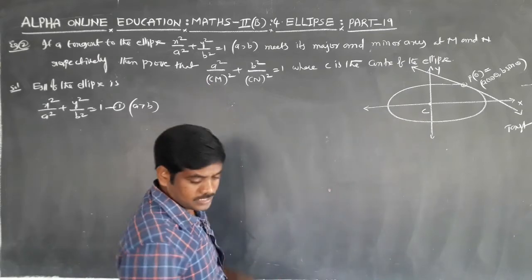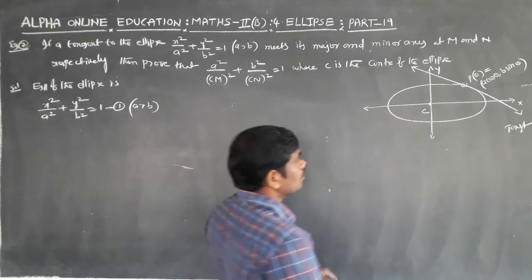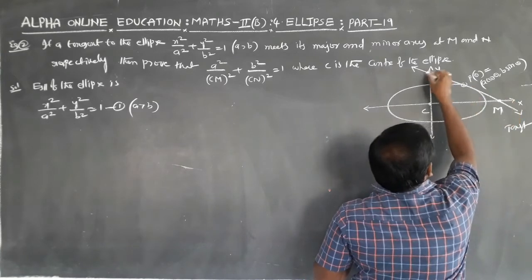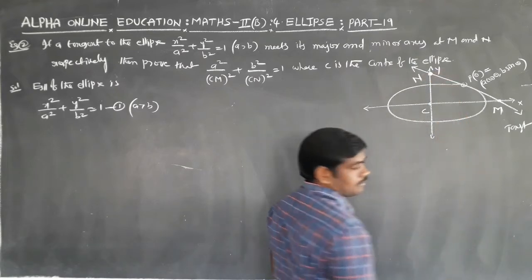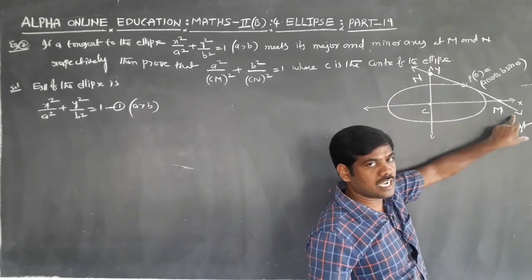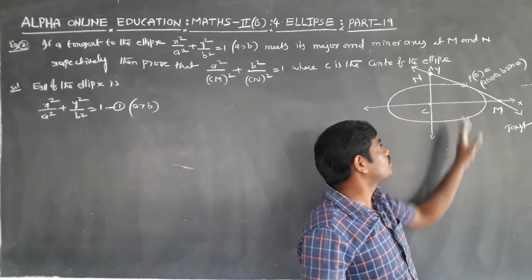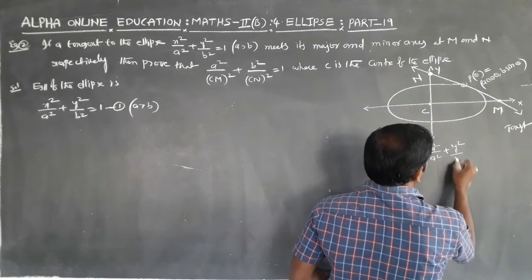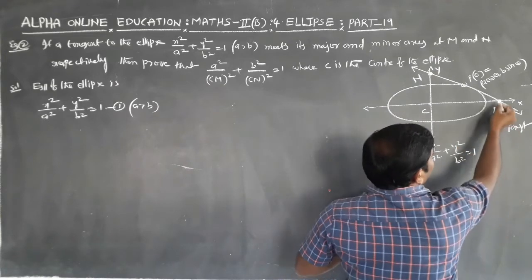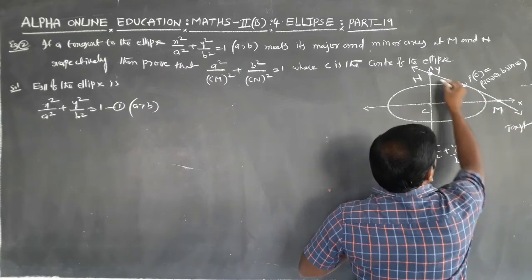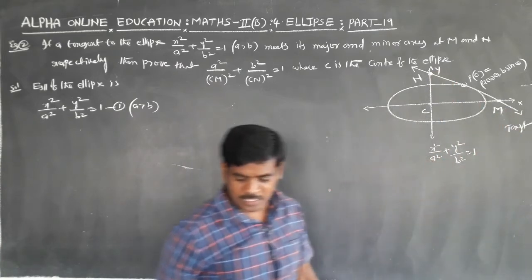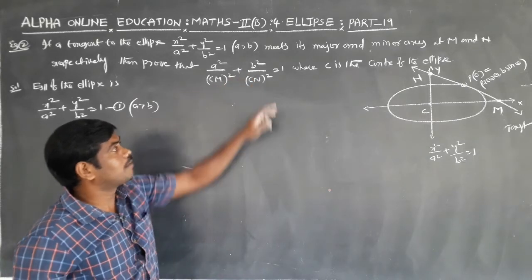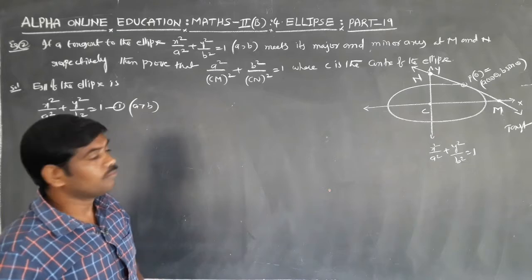The tangent to the ellipse x square by a square plus y square by b square equal to 1 meets the major axis at capital M and the minor axis at capital N. Then prove that a square by CM square plus b square by CN square is equal to 1.